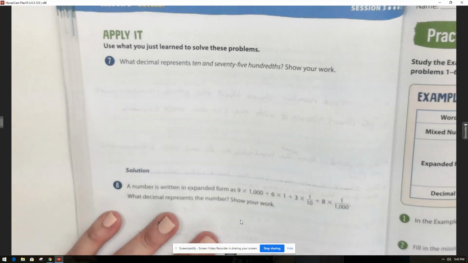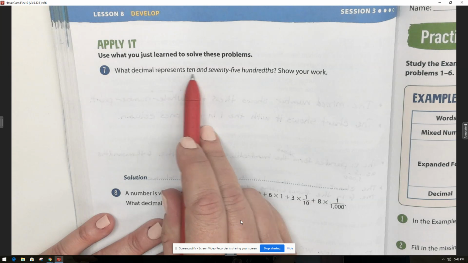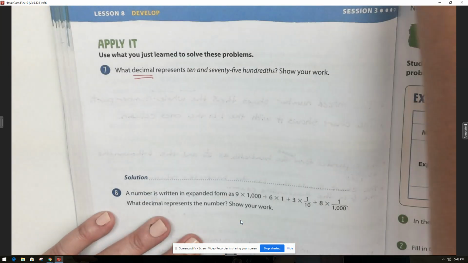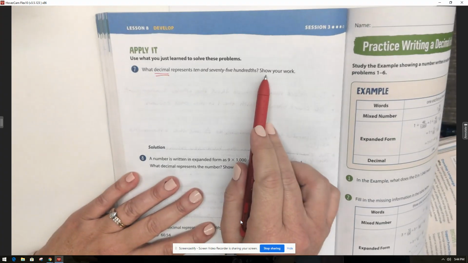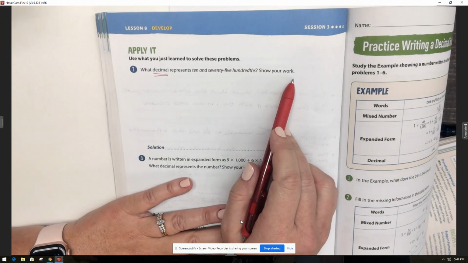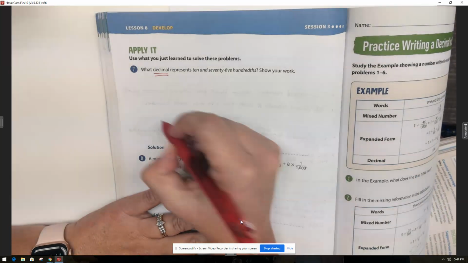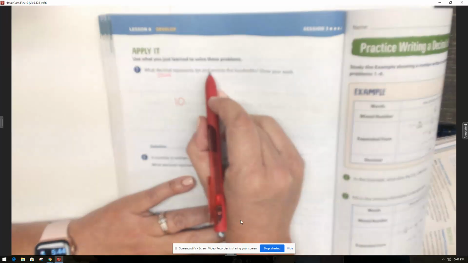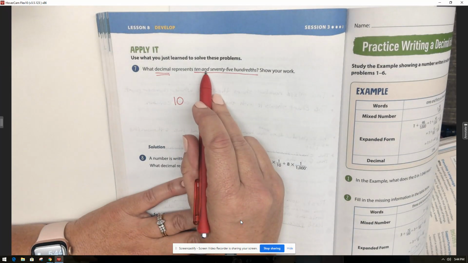All right, number 7 says, what decimal represents 10 and 75 hundredths? Show your work. So remember, the first thing we're going to do is write the whole. What is the whole? 10. Then we see the word and.